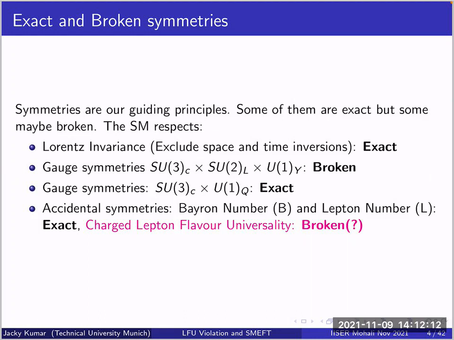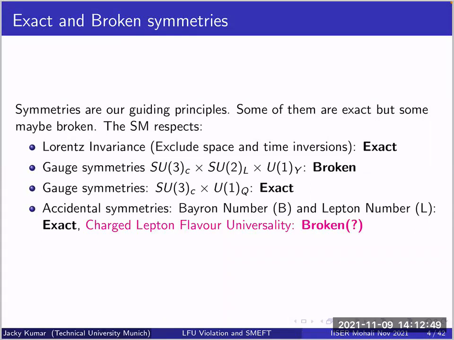In the same way, we have something called charged lepton-flavour universality. What happens is that the gauge interactions in the standard model are universal. That means for all three families of leptons, electron, muon, and tau, they have exactly the same interactions with the gauge bosons. This we call charged lepton-flavour universality. So the question is, can this symmetry be broken or not?